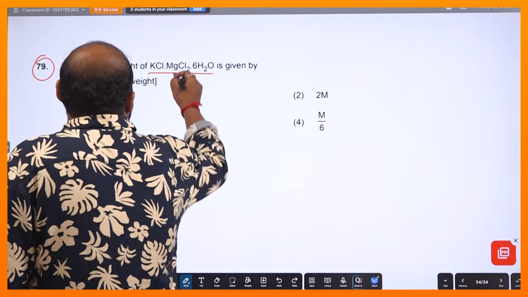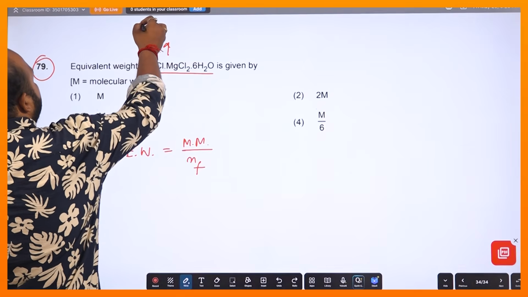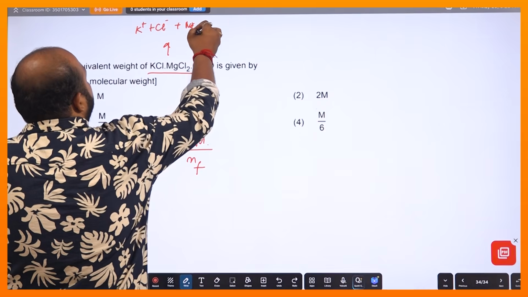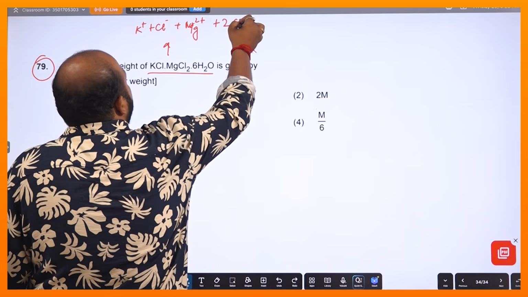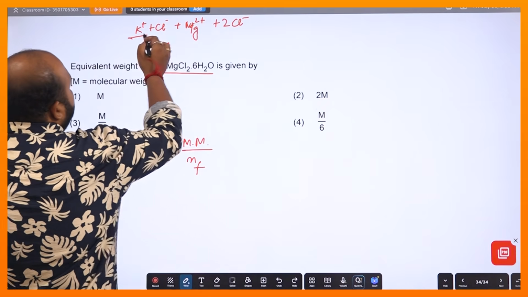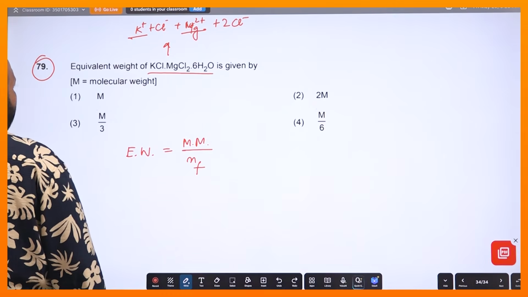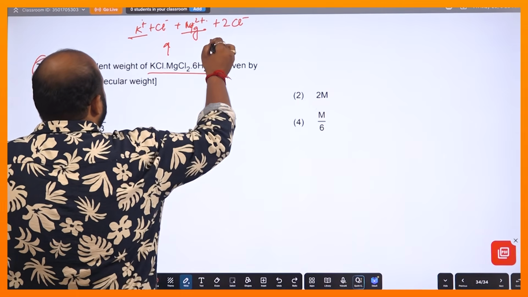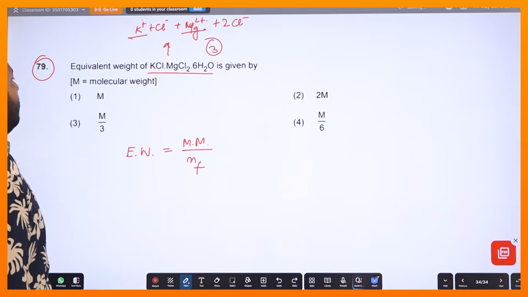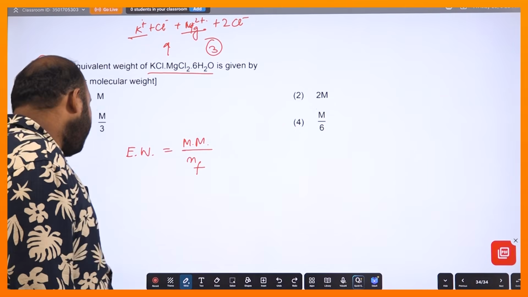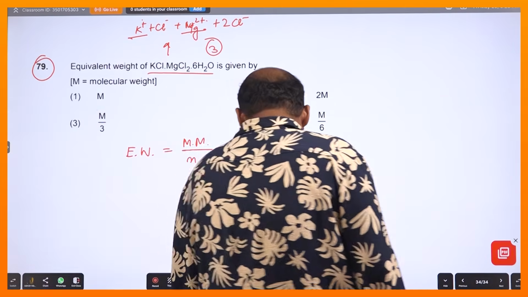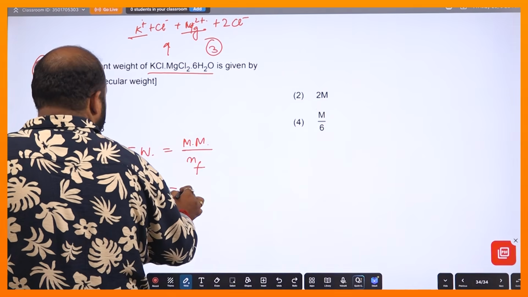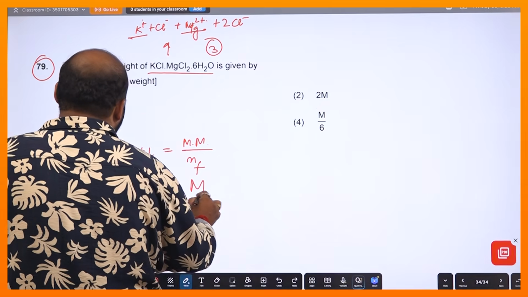If we ionize this, we will get K plus, Cl minus, plus Mg2 plus, 2Cl minus. If we count on the cations, the total charge will be 1 plus 2, that is 3. So for 79, the equivalent weight will be M by 3.